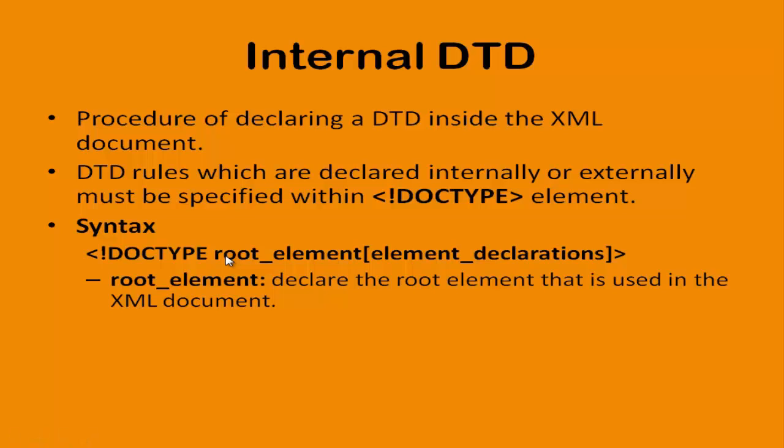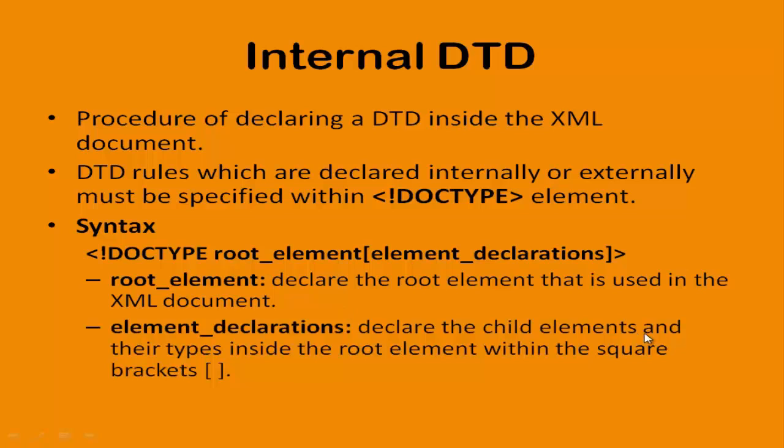Without a root element, no XML document can be established. And as I said, element declarations are the child elements inside the root element, and these child elements must be enclosed within square brackets. Before going into external DTD, we'll see an example so that we gain a better understanding.